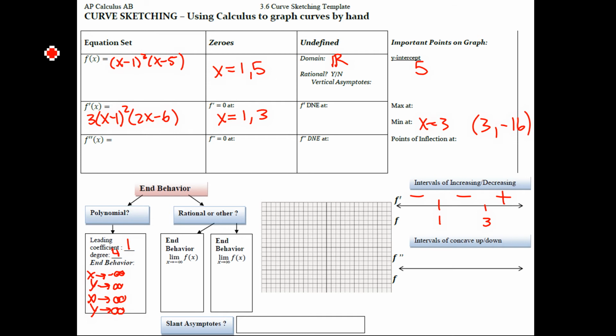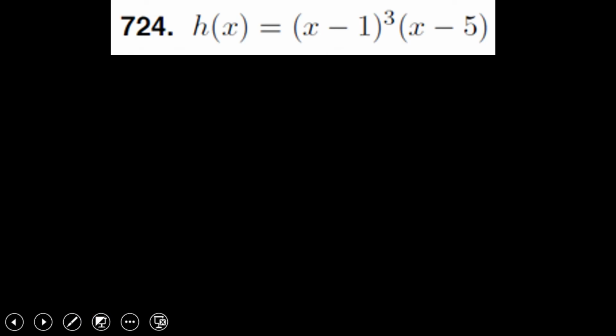All right. So now we're going to do the very last thing, which is deal with our second derivative. So we knew that h prime of x was 3 times (x minus 1) squared times (2x minus 6). Okay, so we're going to go ahead and find h double prime.